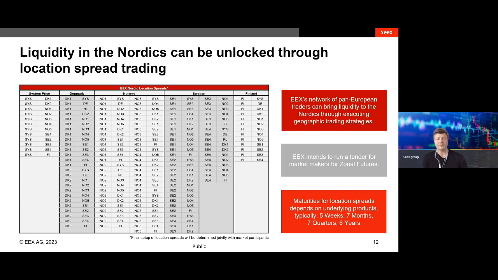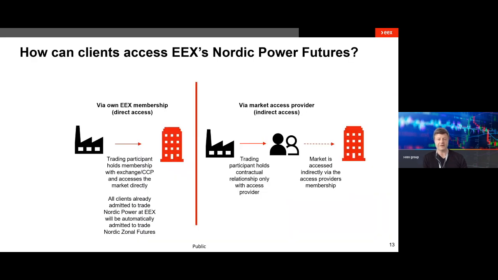We also have the possibility to access the market indirectly. Indirect access means that you are not a member of the exchange and you trade over a market service provider, market access provider in this case. And the choice depends on the respective companies.